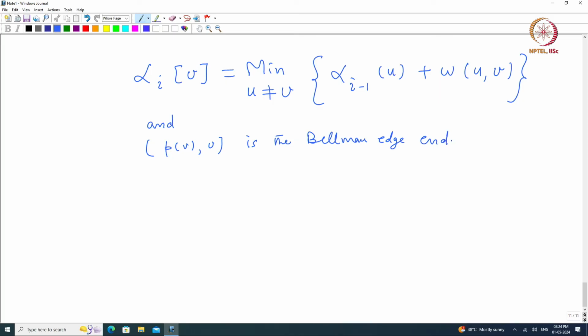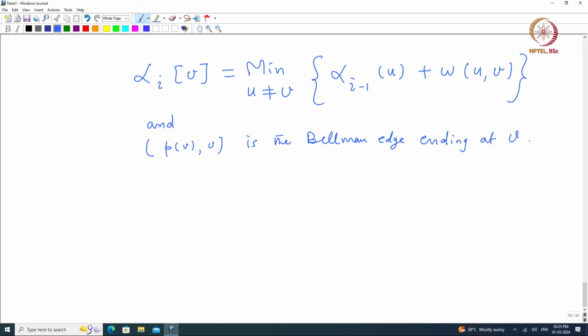ending at v. You have a current Bellman edge, but that was updated. Finally, when you finish with alpha i, you will have the correct value and P v v is the Bellman edge ending at v.